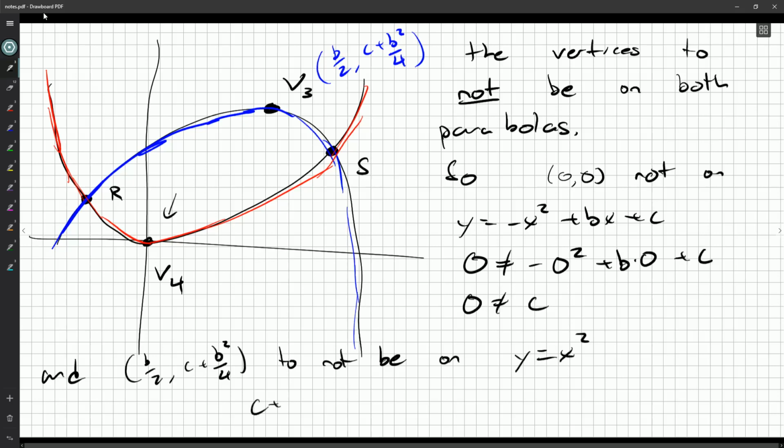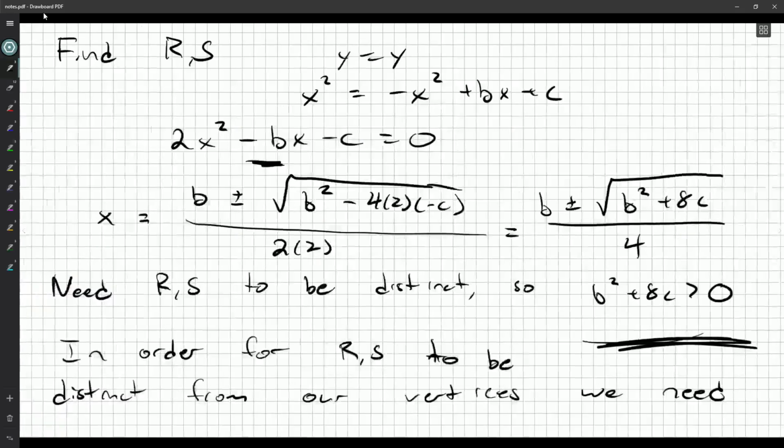So we need c plus b squared over 4 to not be the same as b over 2 squared, which is b squared over 4. So once again, we just need c to not be 0. So c needs to not be 0, and b squared plus 8c needs to be greater than 0.